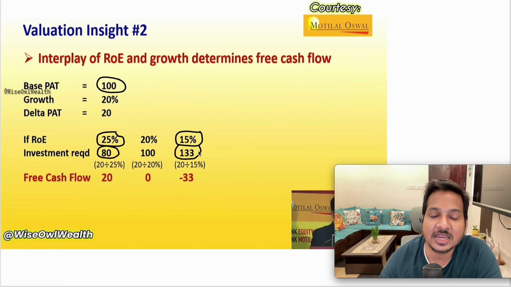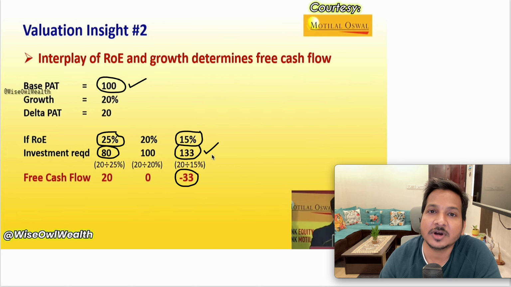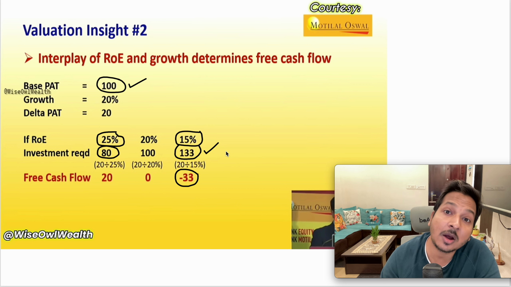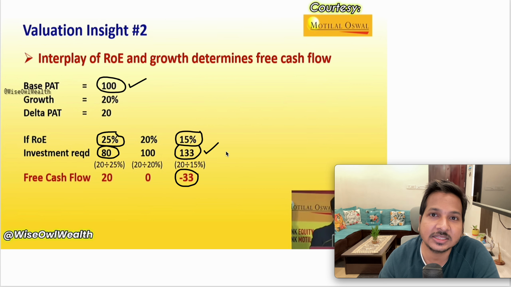So your free cash flow will be negative. Suppose with 133 of investment you are getting 100 PAT. Next time when you need 133 for investment, you have to bring 33 from outside. You don't have 33, you have only 100 rupees profit. So this 33 is negative.